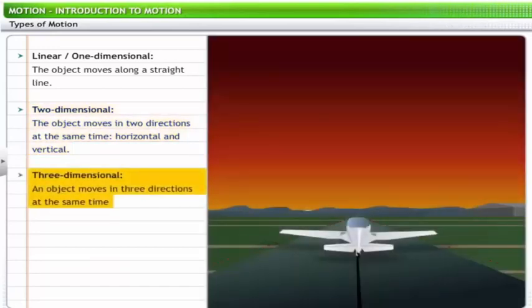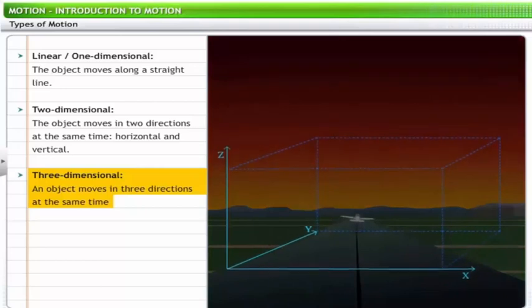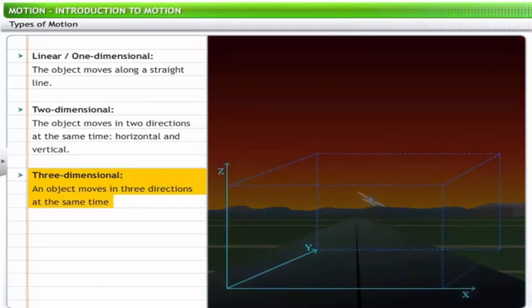If we observe an airplane taking off from a runway, it ascends rapidly in one direction and after gaining some height, turns towards its flight path. This type of motion, where an object moves in three directions at the same time, is called three-dimensional motion. In this lesson, we will cover motion along a linear path in detail.